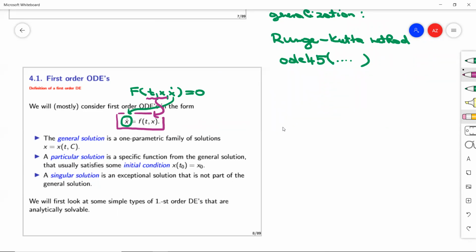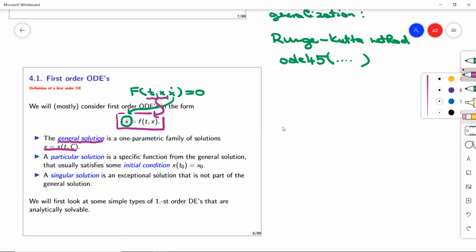So the general solution, so we know that solving such an equation means determining x of t. And the general solution of such an ODE is a one-parametric family of solutions. Why one-parametric?